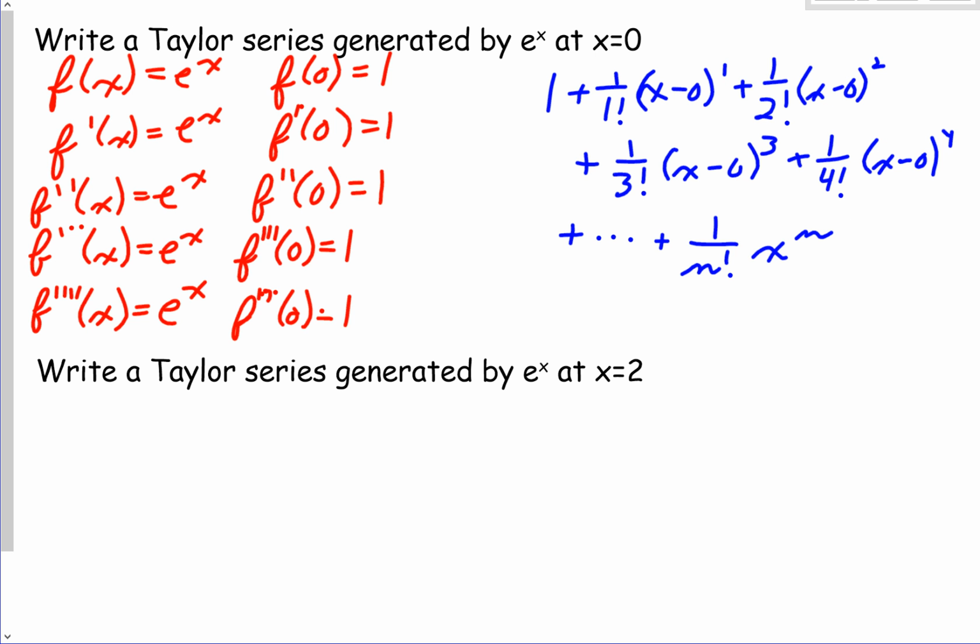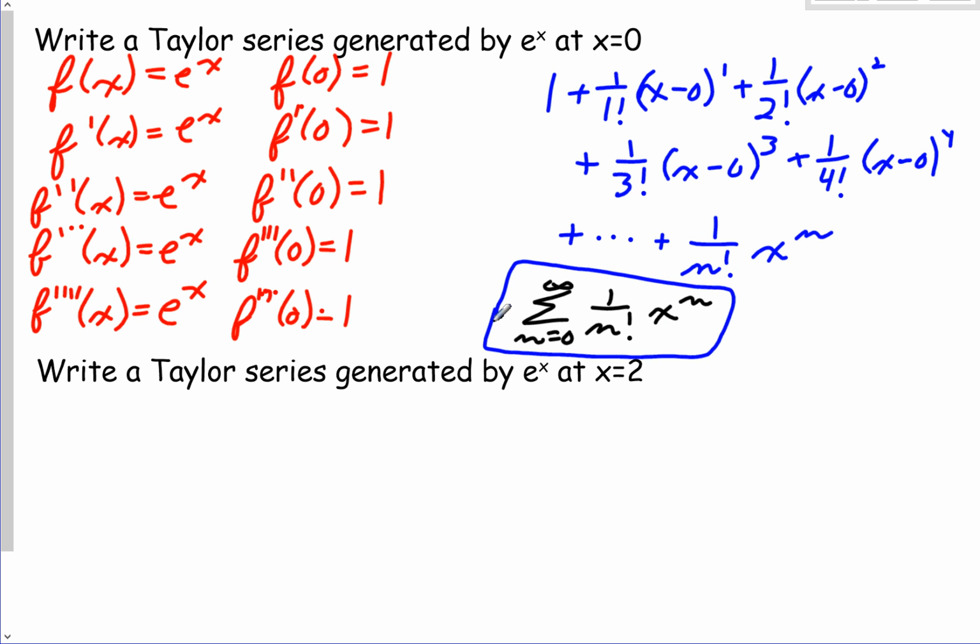So my Taylor series here would be the sum for n going from 0 to infinity of 1 over n factorial times x to the n. And this is my series that is equivalent to e to the x when I'm centered at 0. And we'll worry later about the interval of convergence for this.